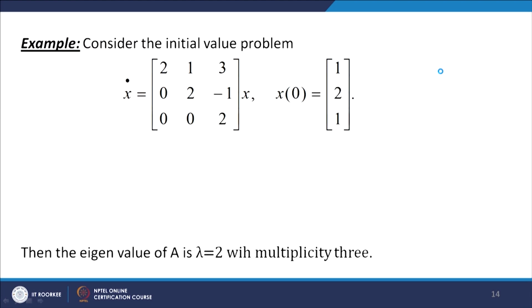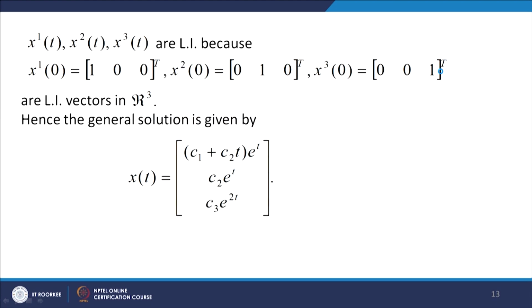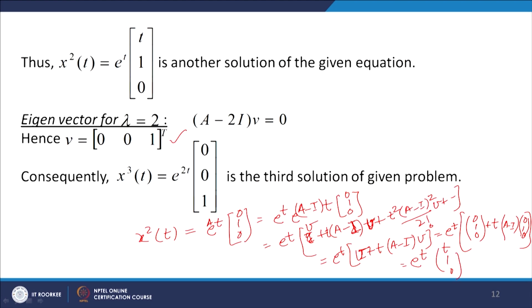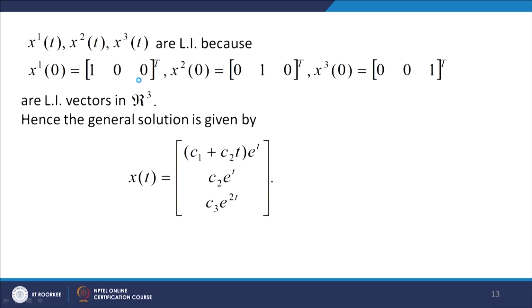These 3 vectors are linearly independent in R cube, and therefore x 1 t, x 2 t, x 3 t are linearly independent.